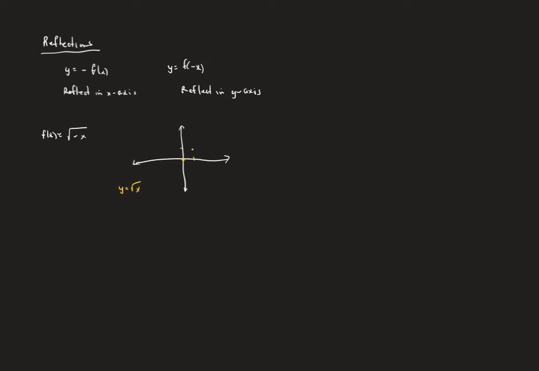It's going to go up 1 over 1, and it's going to be that top half of a sideways parabola. So when we do y equals the square root of negative x, that negative is going to reflect it in the y, and so it's going to look like that green function there.